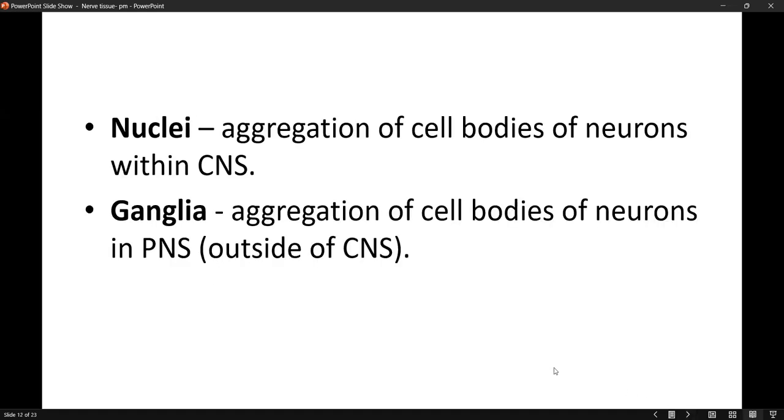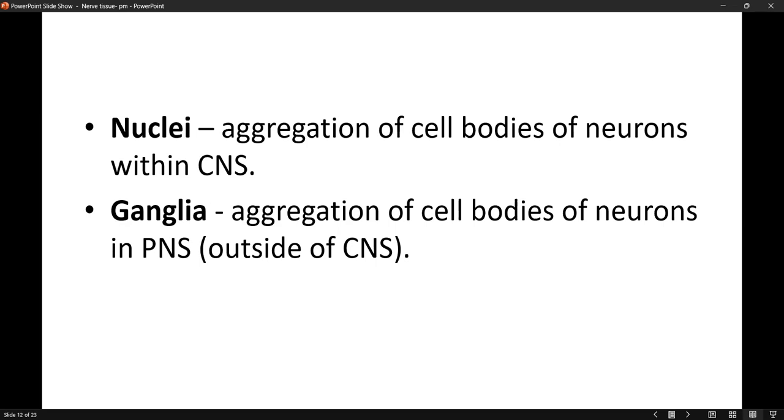Then the same gray matter, if it is dispersed within the central nervous system, either inside the white matter or isolated away from the continuous gray matter, we call nuclei. So small collections of cell bodies are called nuclei with regard to the central nervous system.